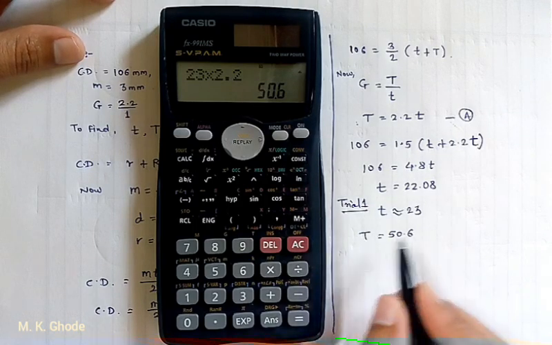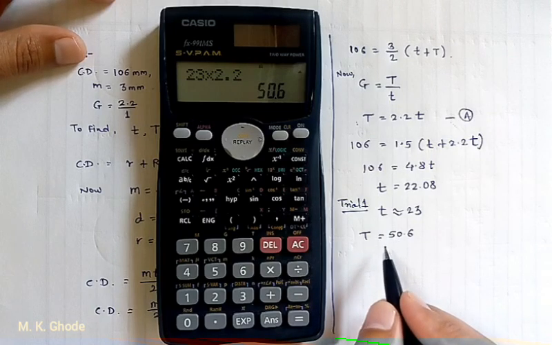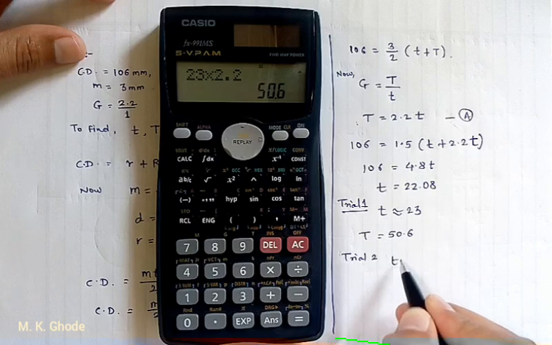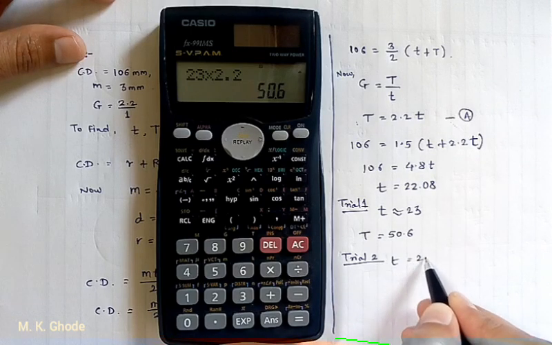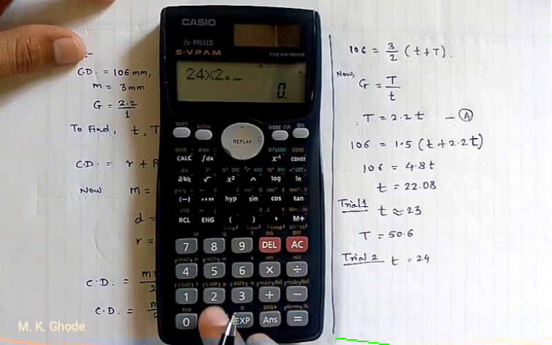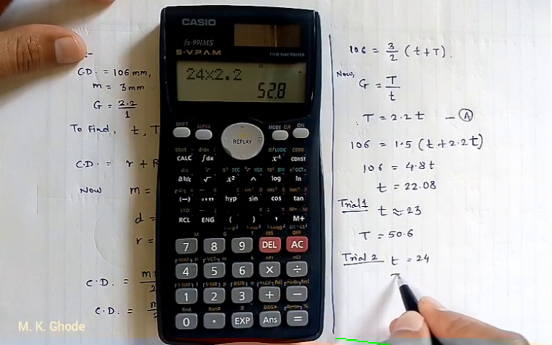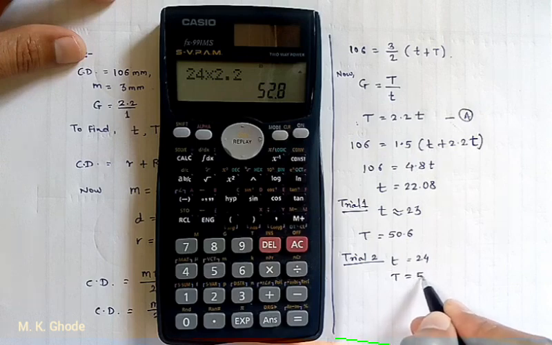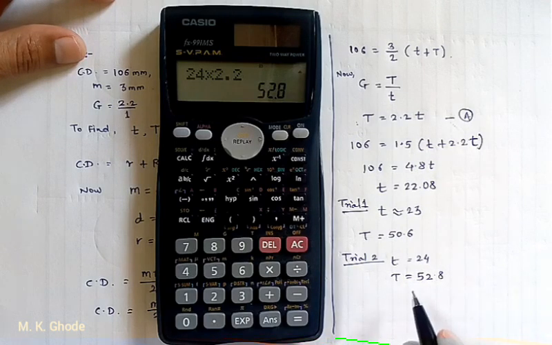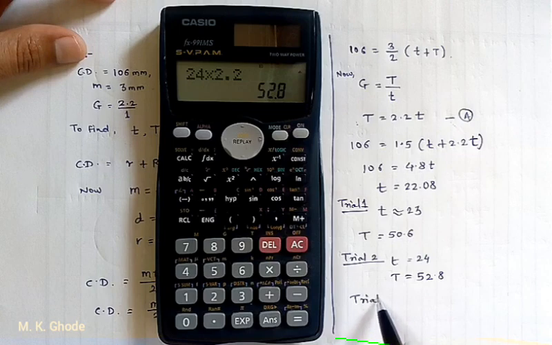As we are not getting a complete integer, we'll proceed to trial 2. In trial 2, we'll consider small t as 24. So 24 into 2.2 gives capital T as 52.8, which is again not acceptable. So we'll proceed to the next trial.